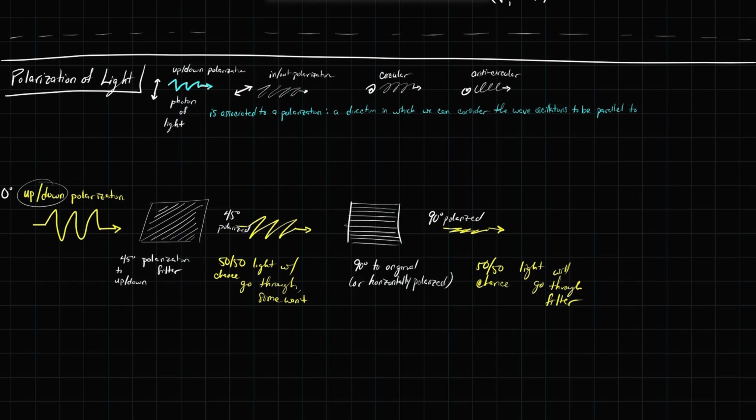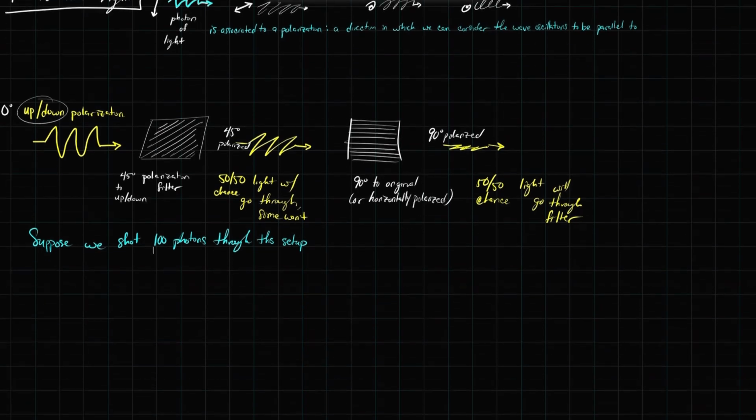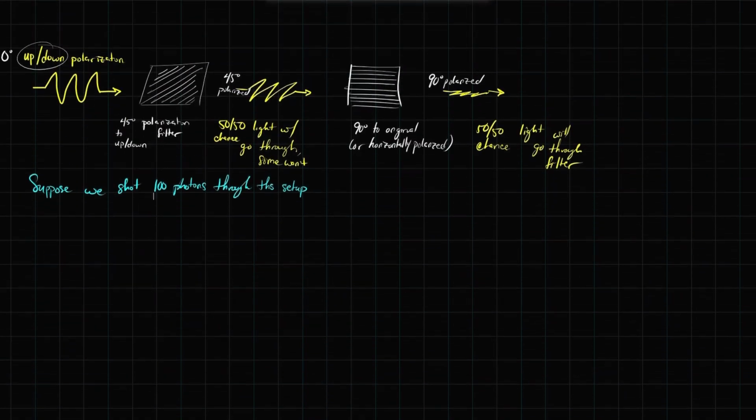Okay, so let's suppose we shot 100 photons through this setup. What we're going to get is 50 of the photons in the first setting are going to choose to go through, because there's a 50-50 chance. We're then going to go through the first case, and 50 of them are going to remain at 45 degrees polarized because of a 50-50 chance, right?